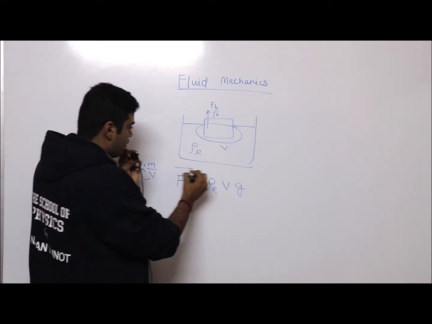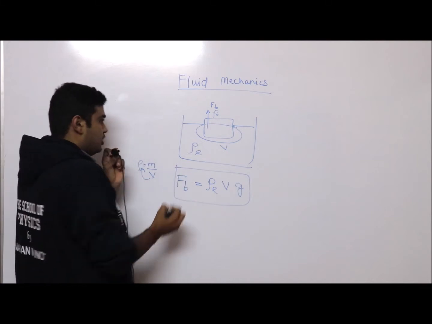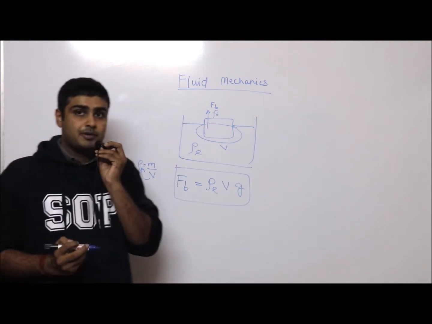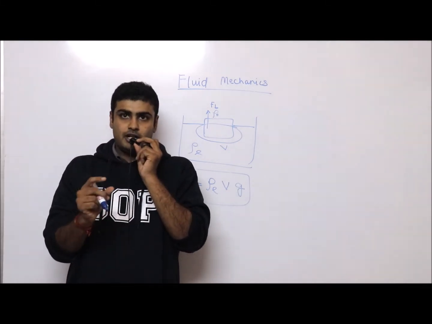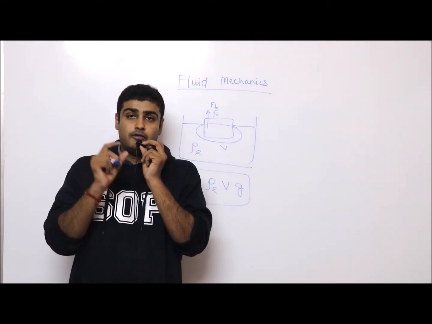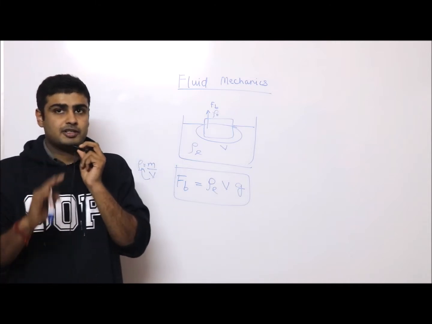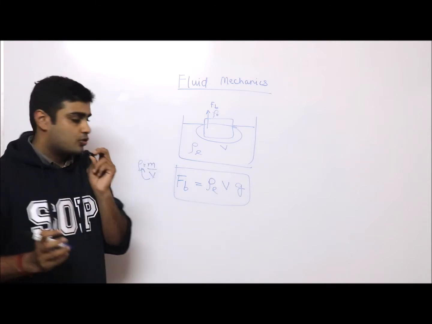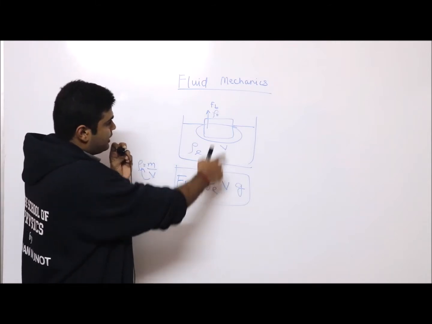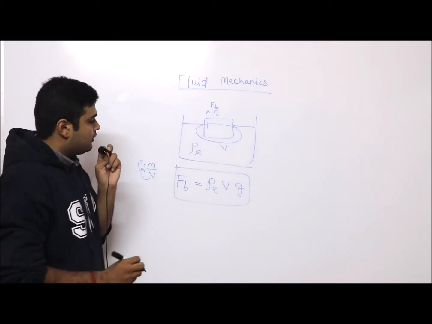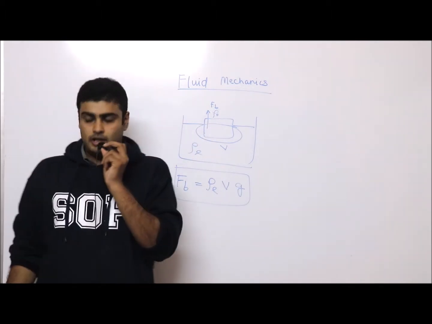So this is the force of buoyancy of any object immersed in the liquid, which is equal to the weight of the liquid displaced. We have to remember, this is a very common mistake which students make. Rather than using rho liquid, they use rho object. We have to use the rho liquid.